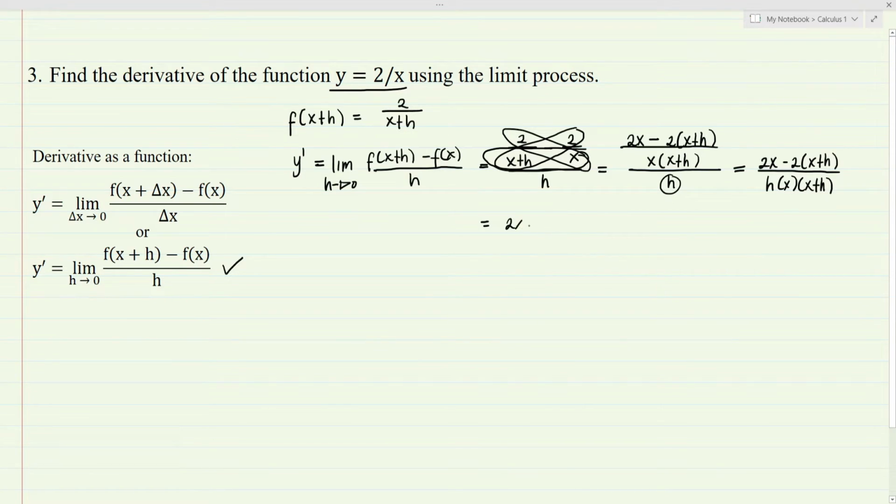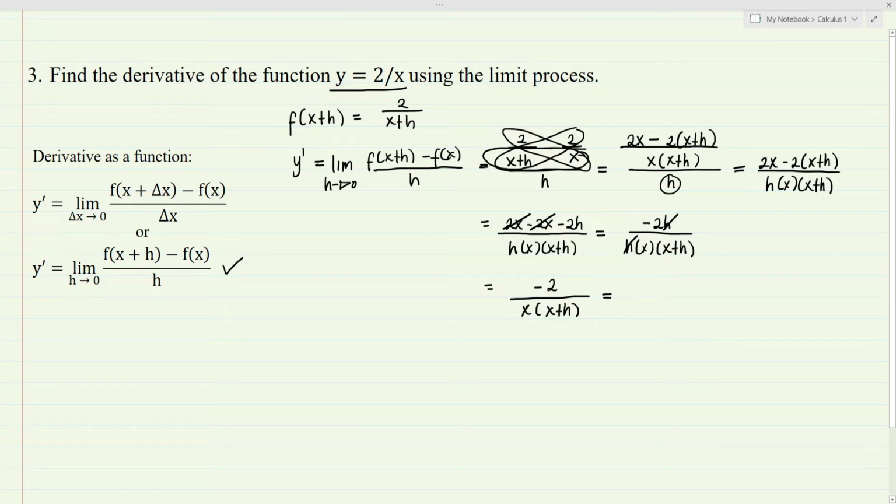I would have 2x minus 2x minus 2h divided by h times x plus h. This one cancels out. We will be left with negative 2h divided by h times x plus h. And also, h here cancels out. So its simplified form would be negative 2 all over x times x plus h.